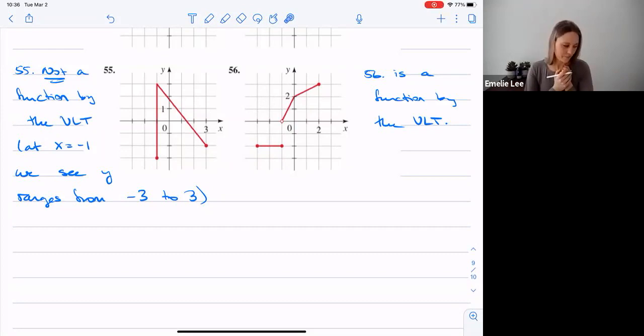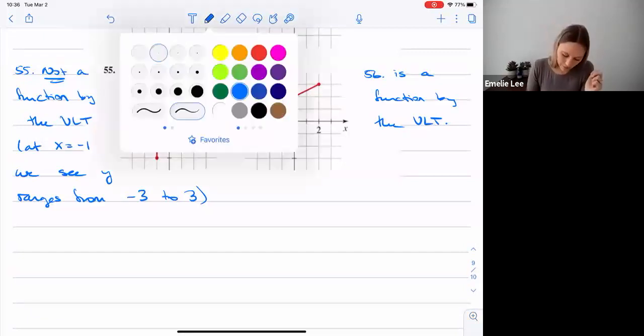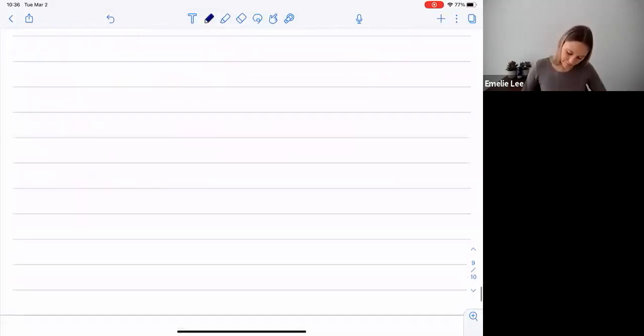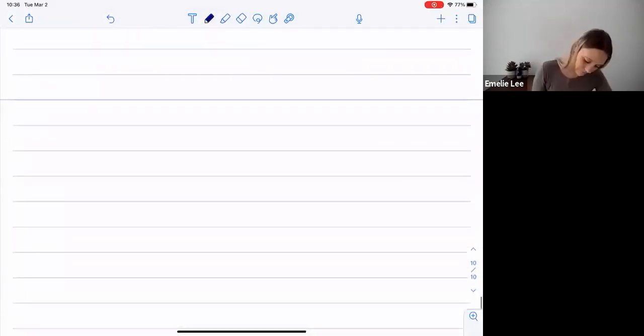Okay, so let's briefly do section 2.3. There's not a lot in there, so that's why I want to get it over with. I say there's not a lot in there.